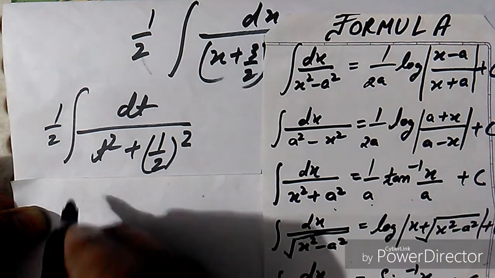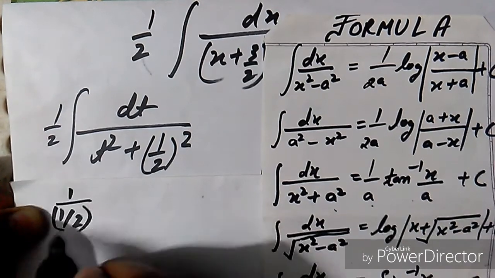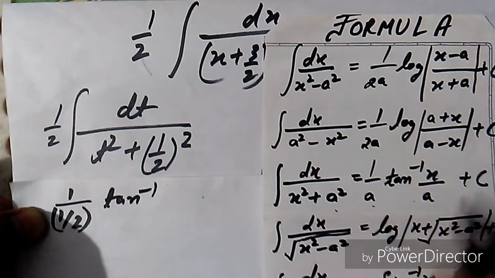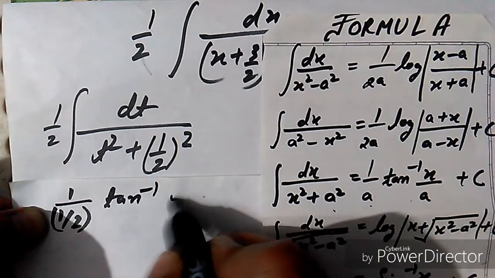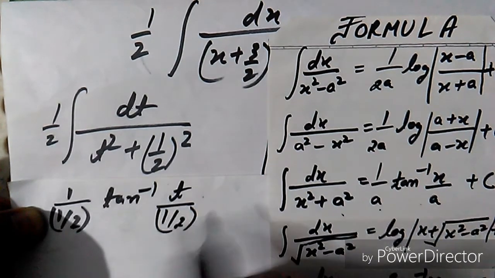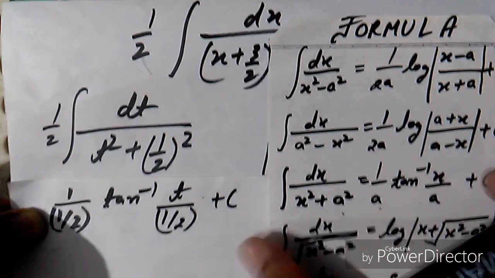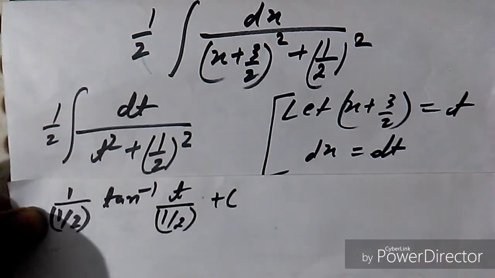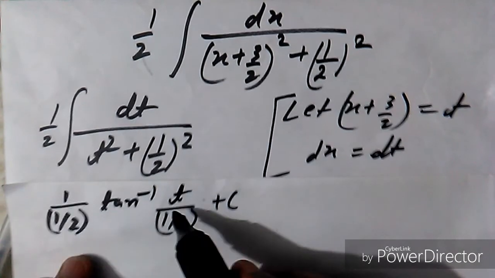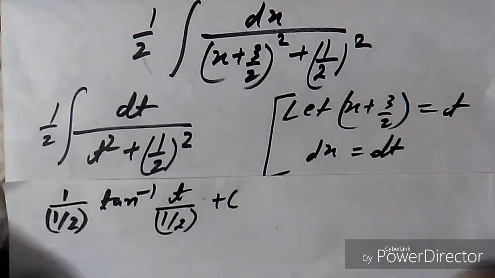Then 1 by 2 tangent inverse x by a, x is t, by a 1 by 2, plus c. Okay friends, now we solve this. Now we put the value of t and arrange this in a sequence.